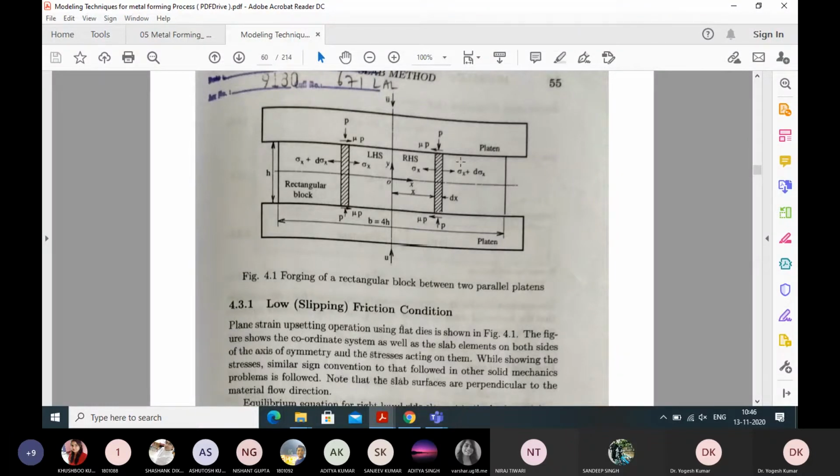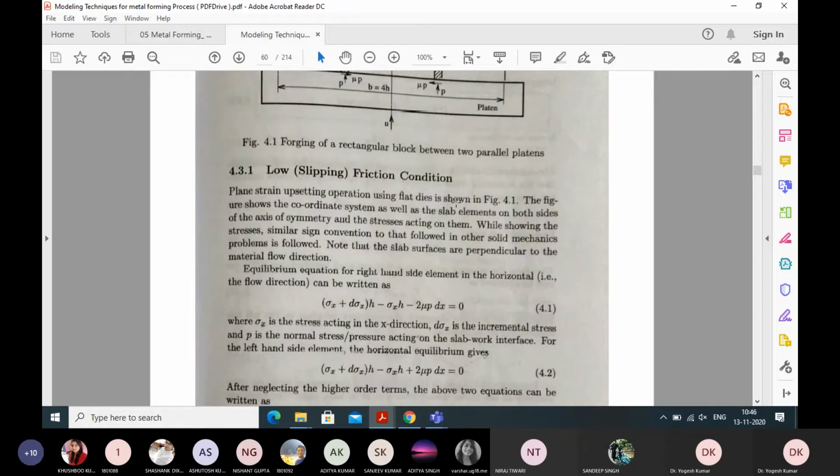So this stress sigma x plus d sigma x will be acting on the area h into w. Similarly, the area for the stress sigma x will also be h w, and the pressure will be acting on an area of dx multiplied by w. Similarly, for mu P, this will be dx multiplied by w.